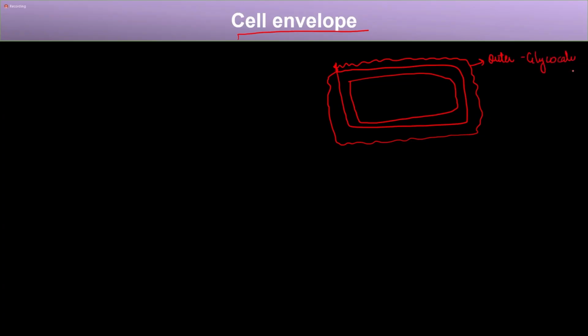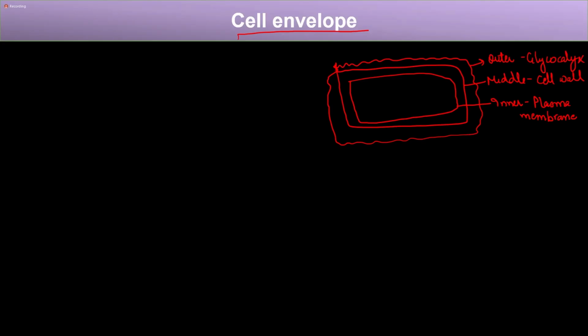From outer to inner, the outer layer is called glycocalyx, the middle one is the cell wall, and the innermost layer is the plasma membrane. So if someone asks you to write down the names of the cell envelope components from outside to inside, your answer should be glycocalyx, cell wall, and plasma membrane.